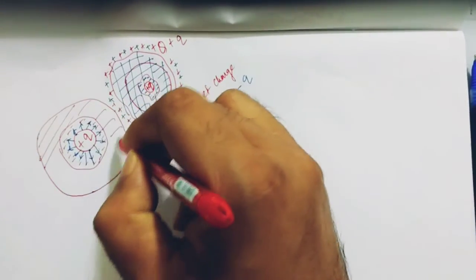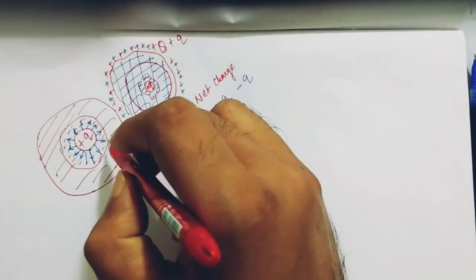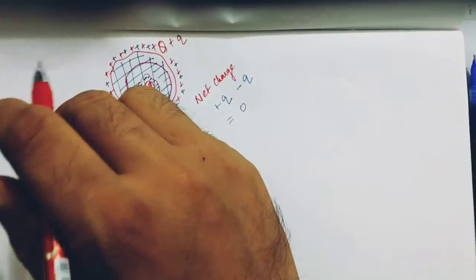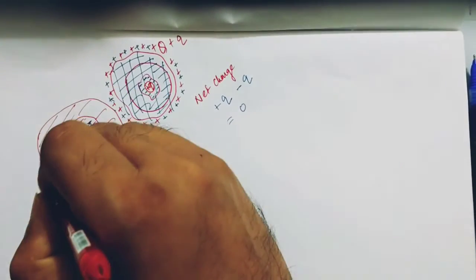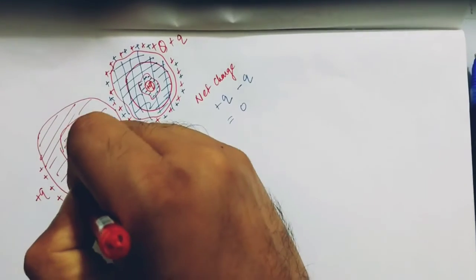There will be no field line. Simply the electrons are rearranged, and this side will be electron deficient, and the outer side will be positive again, extra due to plus q, so the charges will be extra over here.